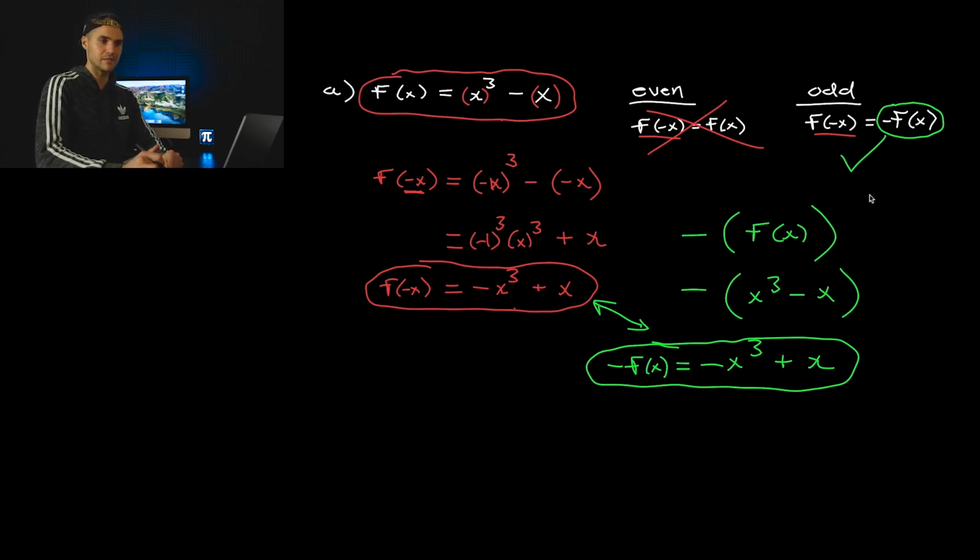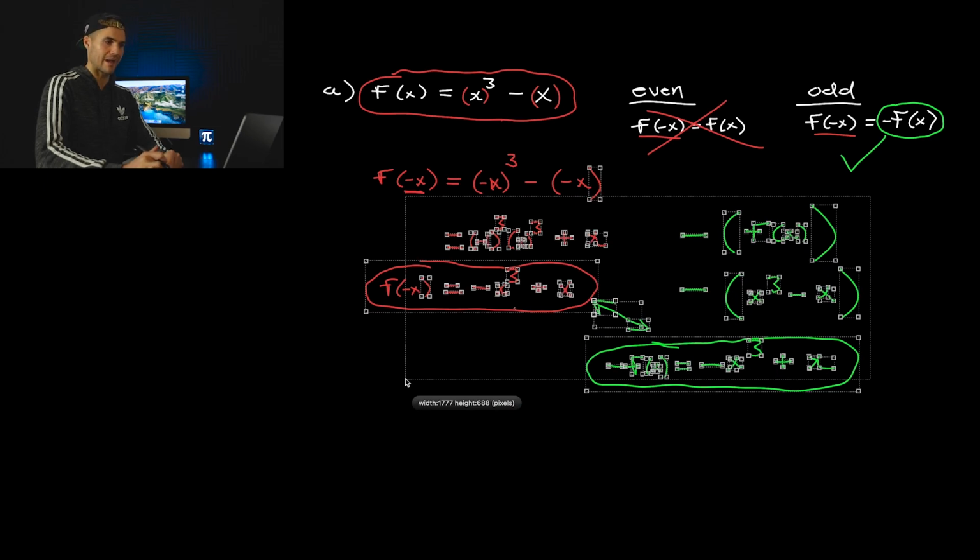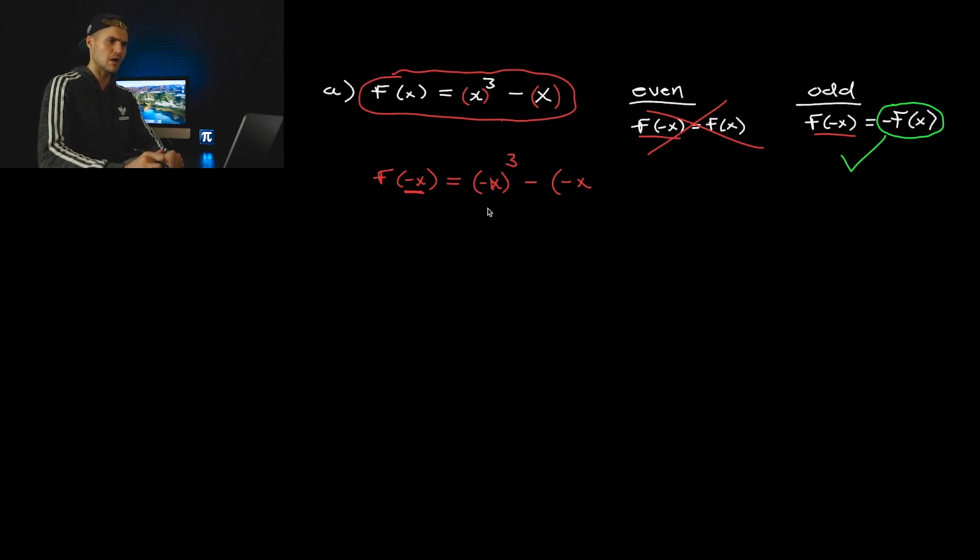Now graphically, again, we're focusing more on the algebra part. But if you're interested, you could graph it in Desmos. Basically, the way this graph is going to look is, well, we could factor this. So we could take out an x, and you'd have x squared minus 1, and then you'd have x minus 1, x plus 1.